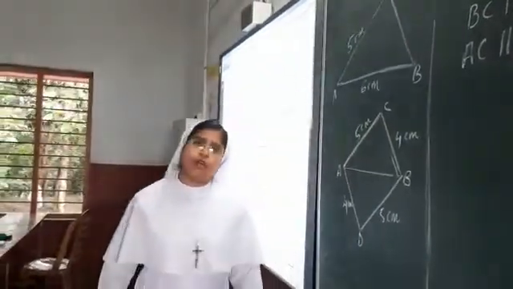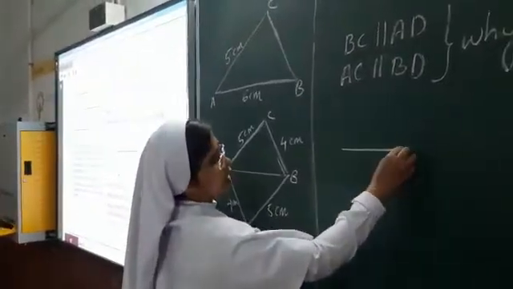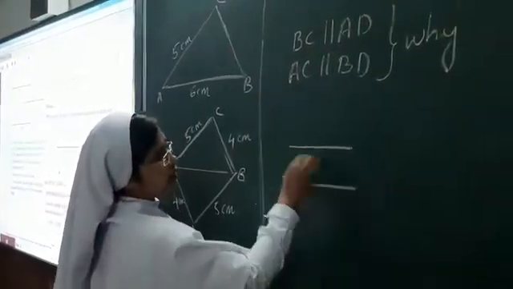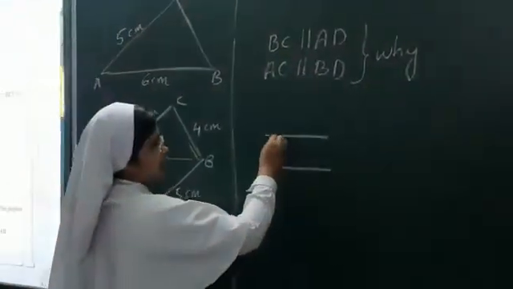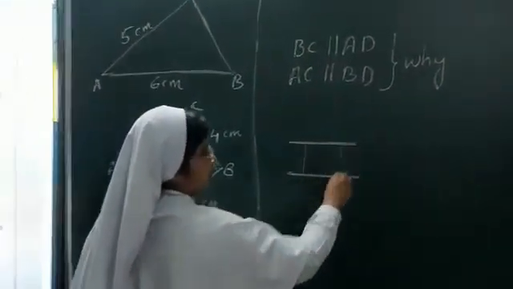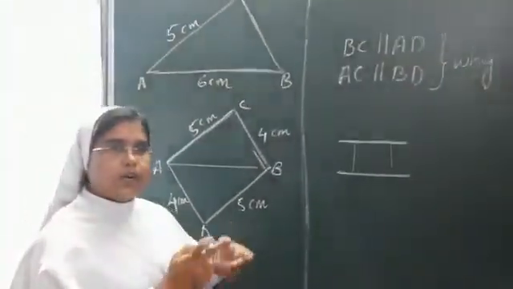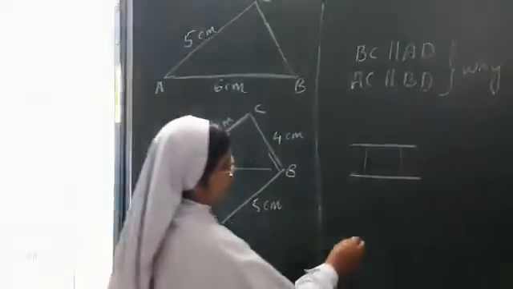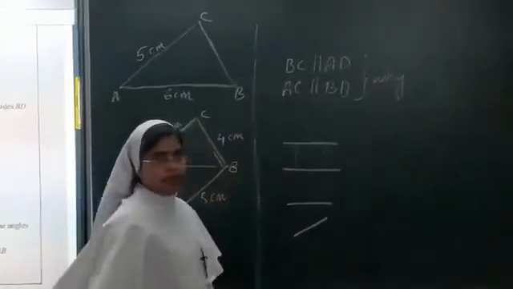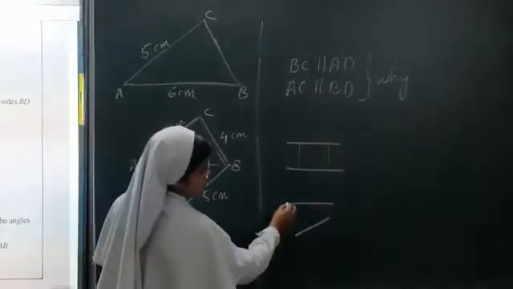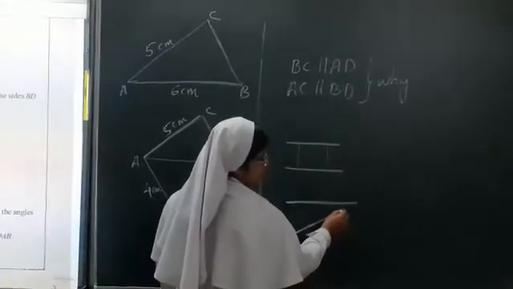Now, what is the meaning of parallel? Just see these two lines. They are two straight lines going straight with equal distance, so they don't meet or intersect each other. But for example, in another figure with two lines going this way, there is a possibility that as they go, these lines may intersect.